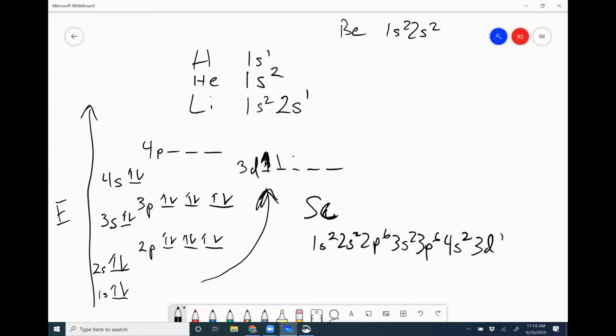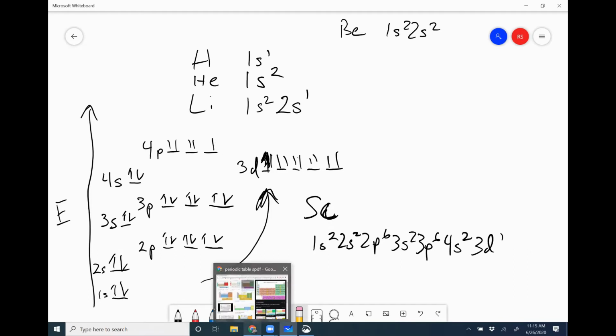So 22, 23, 24, 25, 26, 27, 28, 29, 30, 31, 32, 33, 34, 35, 36. And I didn't even draw, oh no, 35. There we go. 35 is what I was counting to. So there you go. That's a lot of little ticks and stuff to draw.